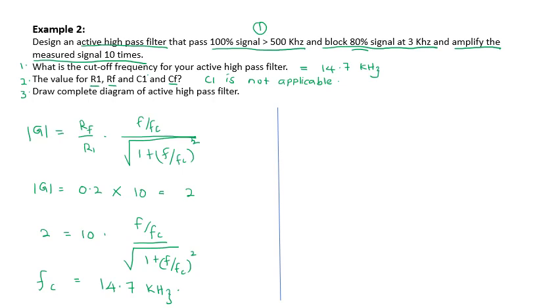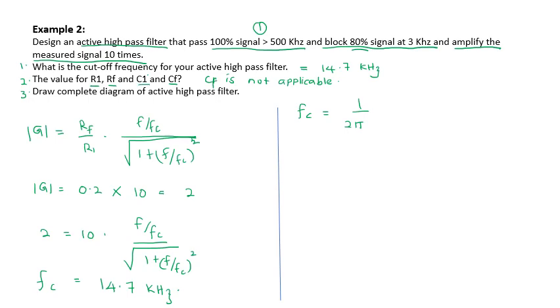We can calculate that value based on the cutoff frequency, 1 over 2 pi RF-CF, because this is a high pass filter. No, it's not RF-CF, it should be R1-C1.